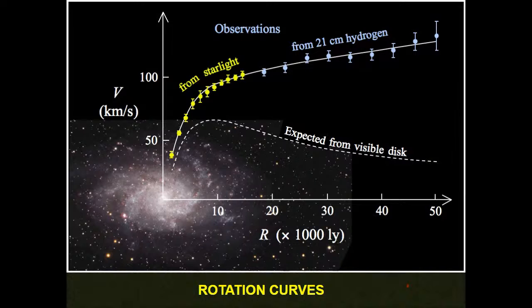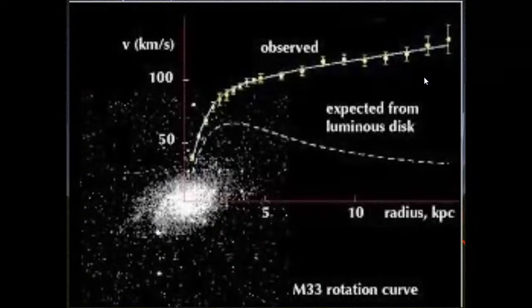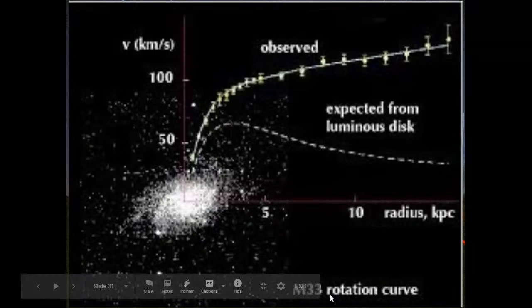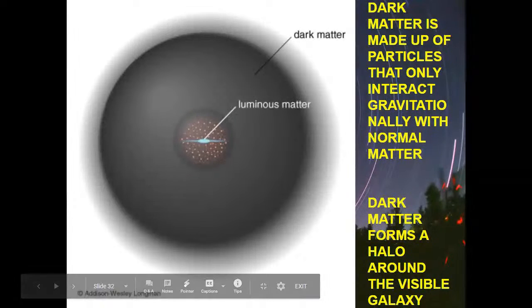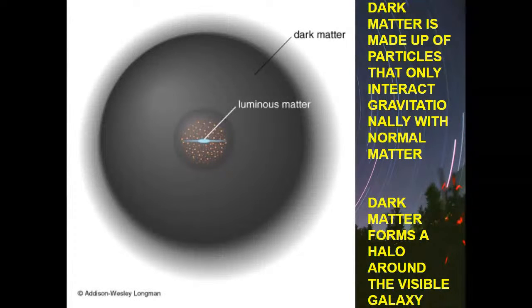Then instead of 1 over square root of r fall of the rotational velocity, sometimes you actually see the rotational velocity increase. But largely for most galaxies, the rotational velocity becomes flat after a certain point. So this is for the galaxy M33. And that is the reason why we infer that there is dark matter around galaxies.